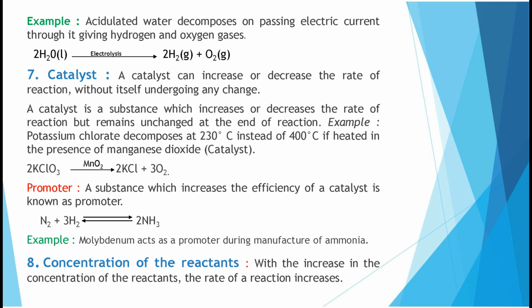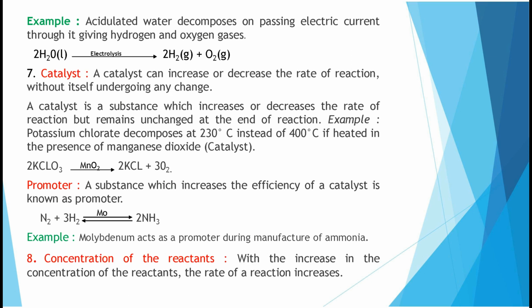What is acidulated water? When we add acid in the water, it becomes acidulated water. For example, if we add lemon in the water, it will become acidulated. So when electric current is passed through acidulated water, hydrogen and oxygen will form. We can see in the reaction: 2H2O on electrolysis gives 2H2 plus O2.